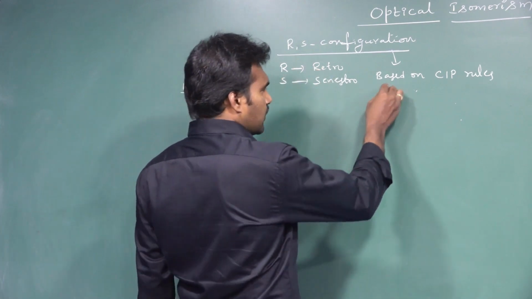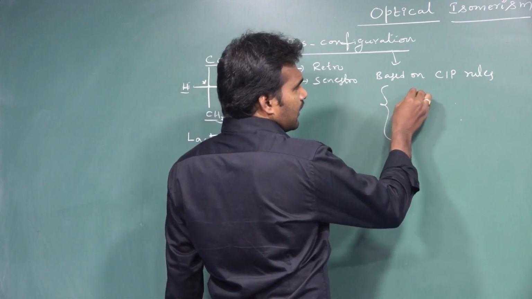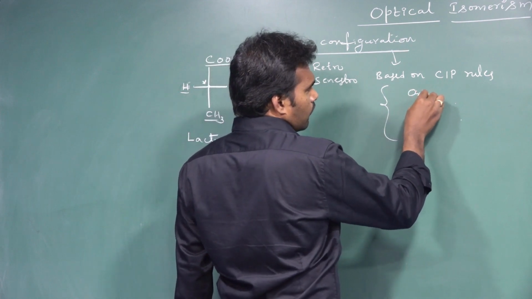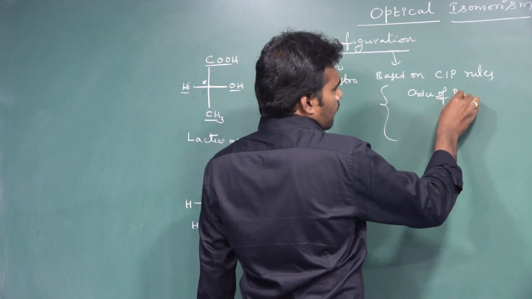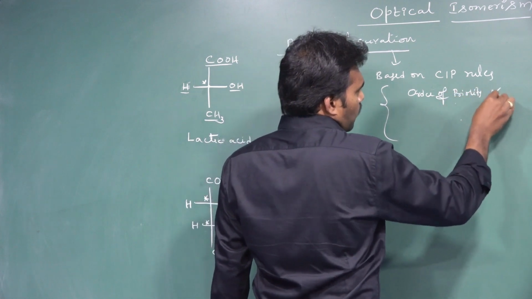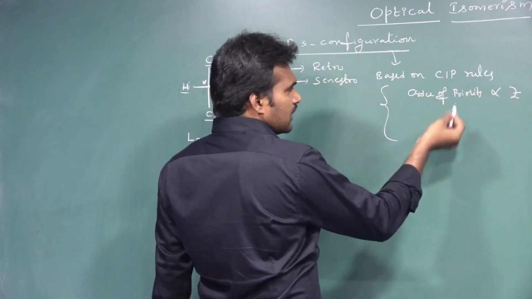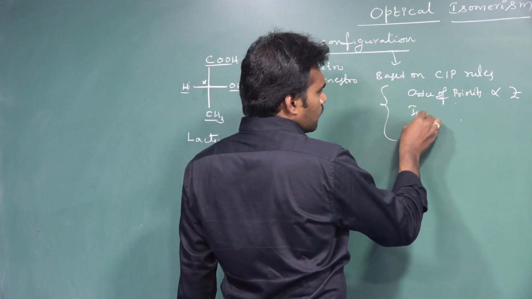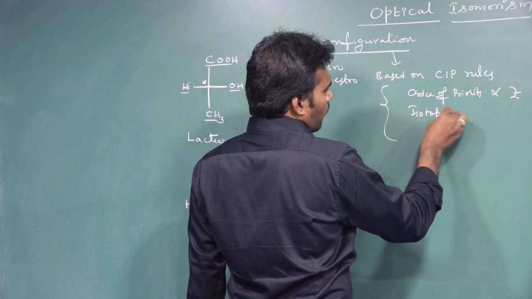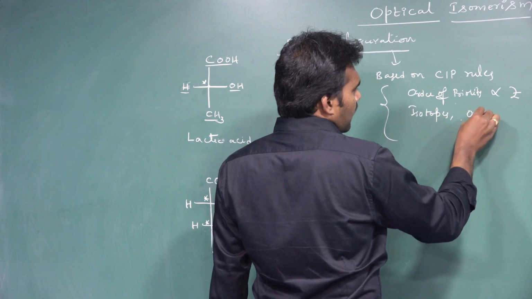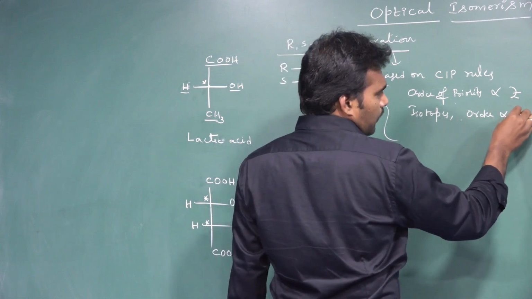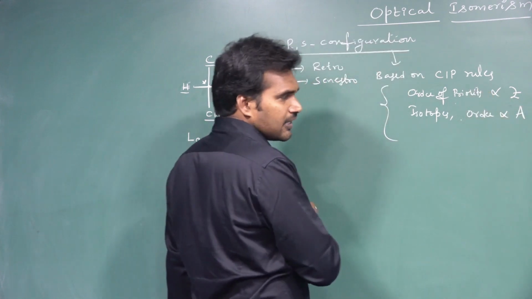As I am briefly telling, the order of priority is directly proportional to atomic number. In case of isotopes, the order of priority is directly proportional to the atomic mass of the given isotope.